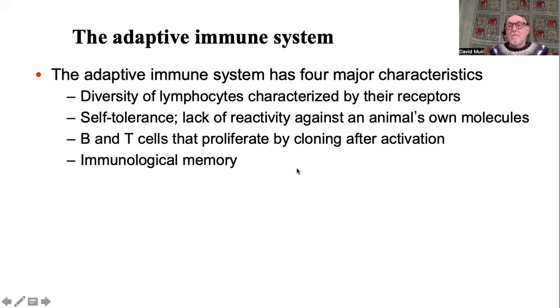The fourth thing, and probably almost the most important thing of all, is that the adaptive immune system is able to form memory. Once it's gone through all of its processes, it actually keeps cells which are immediately responsive. It keeps cells which effectively have a memory of a prior exposure to an antigen.